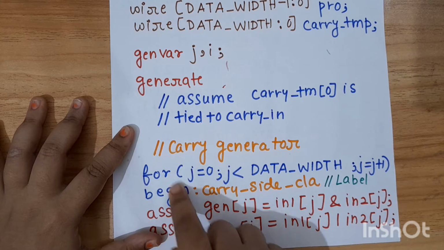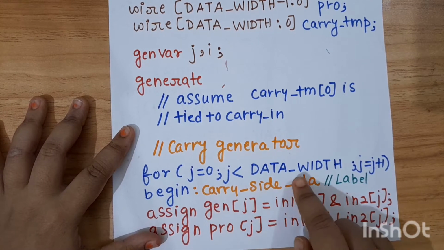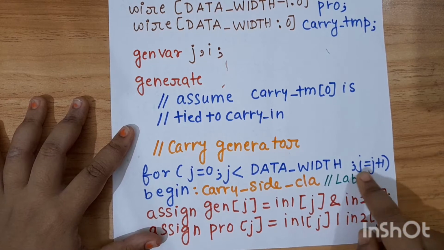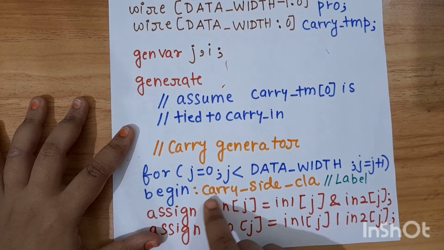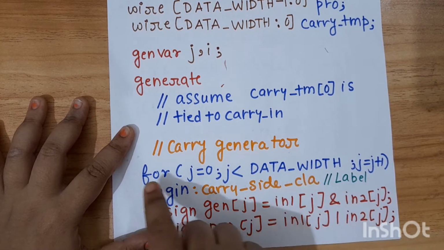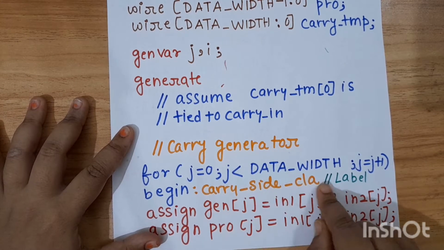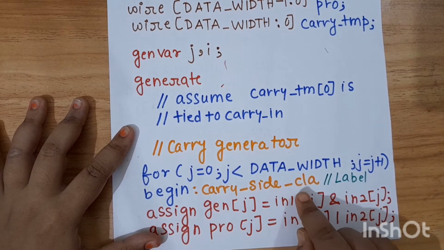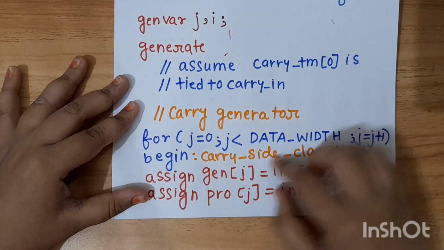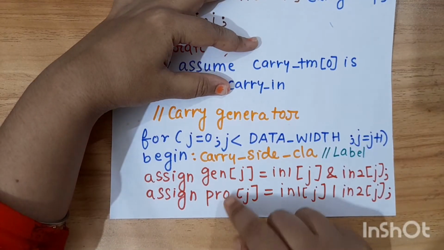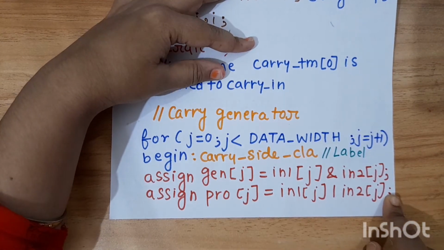So for (j = 0; j < data_width; j = j + 1) begin. I am labeling this generate for loop, and the label name I put is carry_side_CLA. Now here I am generating assign. Gen and pro are both of wire type, so I can use continuous assignment here.